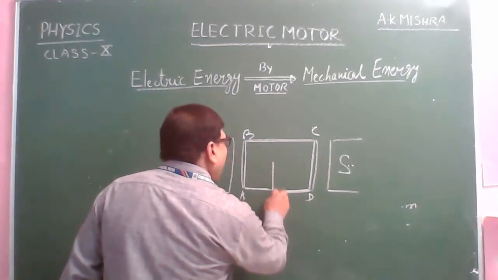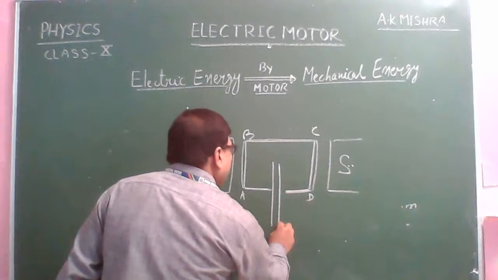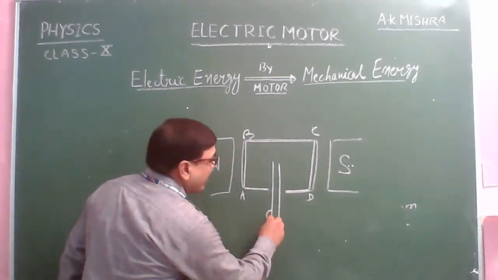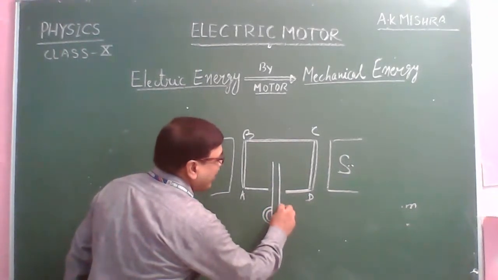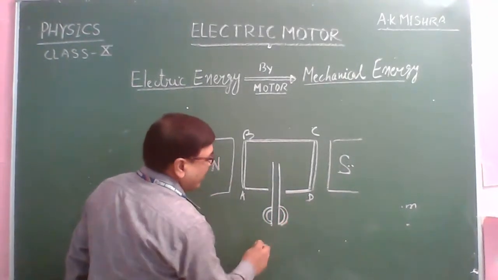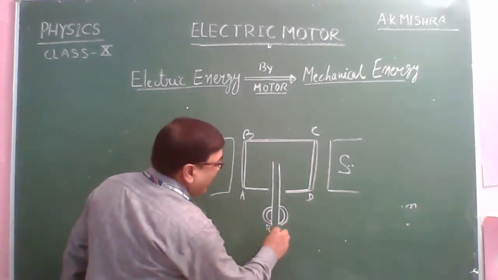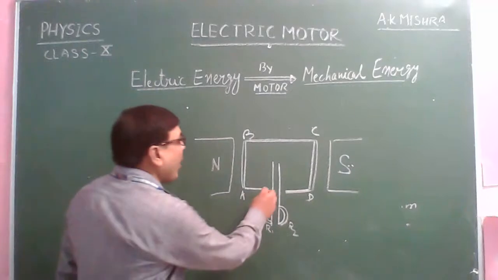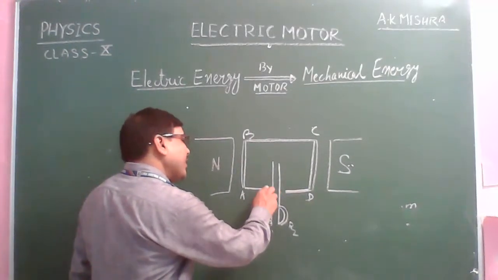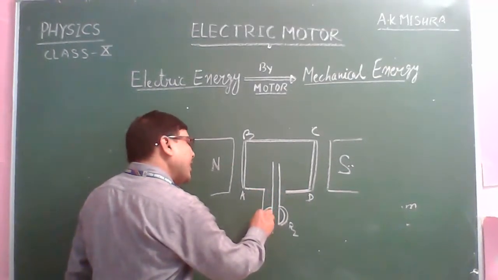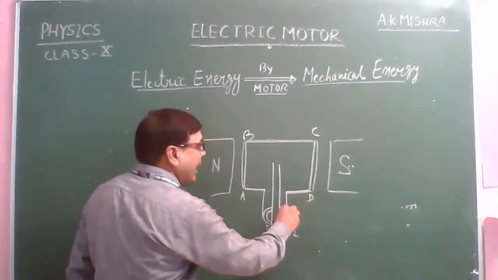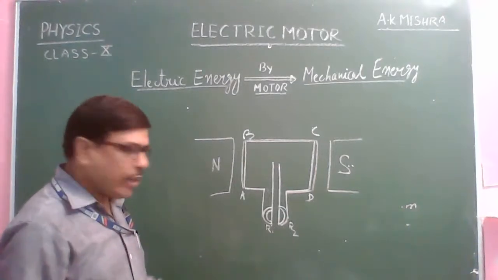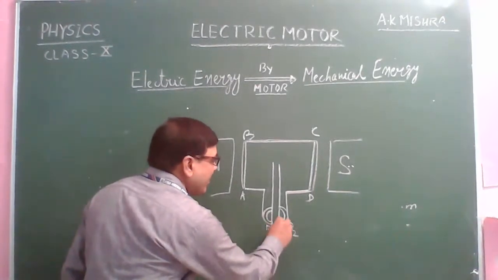And the axle is connected with the split ring. First of all, we will see the split ring, R1 and R2. I have just drawn it, and these points are connected: the terminals, the ends of the rectangular coil, are connected with it.